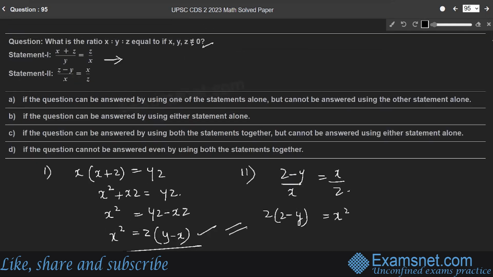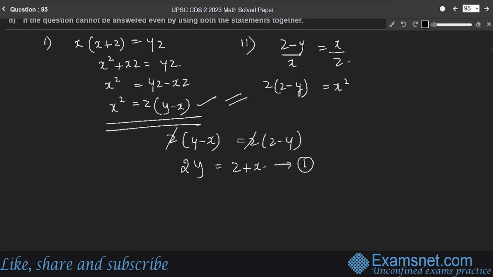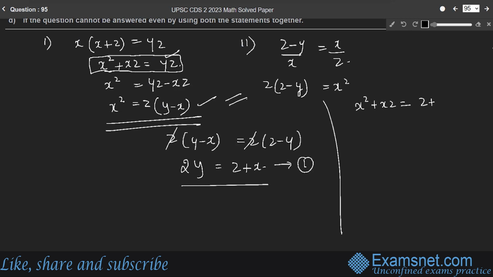Here students, can we decide the ratio between x, y and z? Based on this, we can take 2y somewhere here. So here x square plus xz is yz. Where we have y, let us substitute z plus x by 2 from equation 1. Therefore, x square plus xz is equal to z plus x by 2 into z.